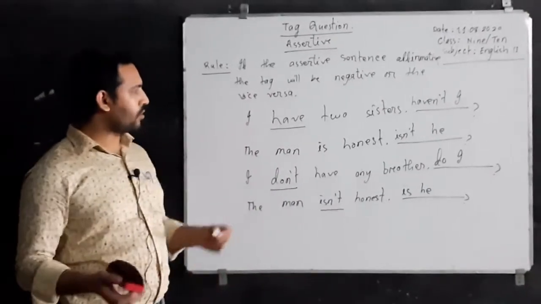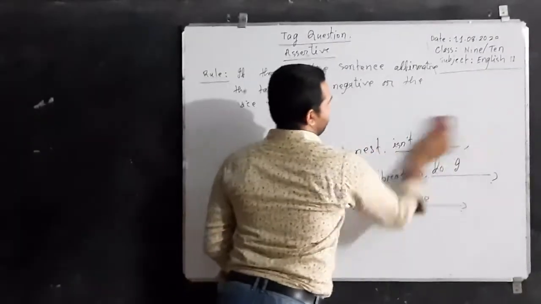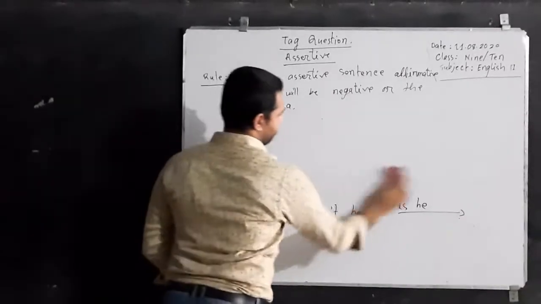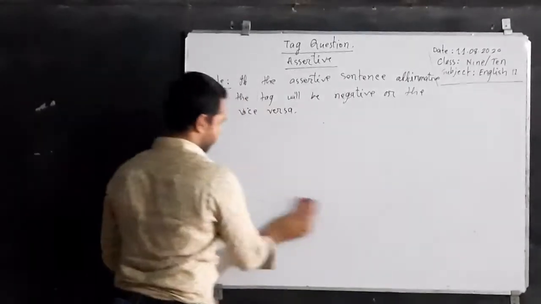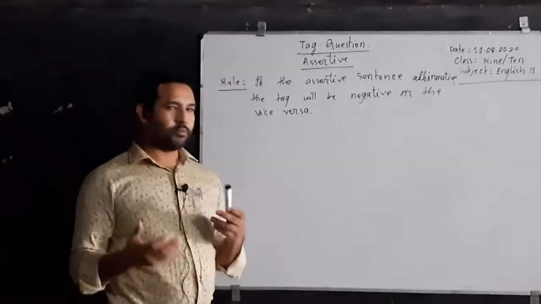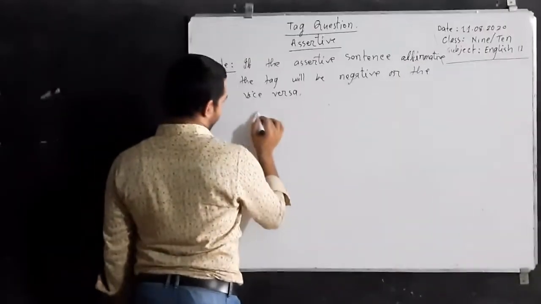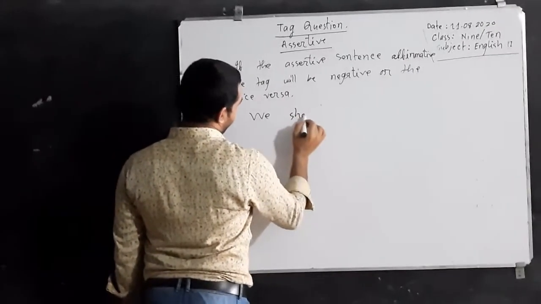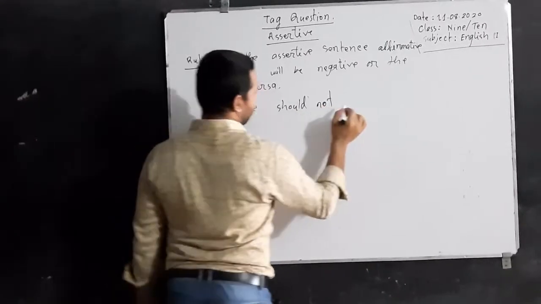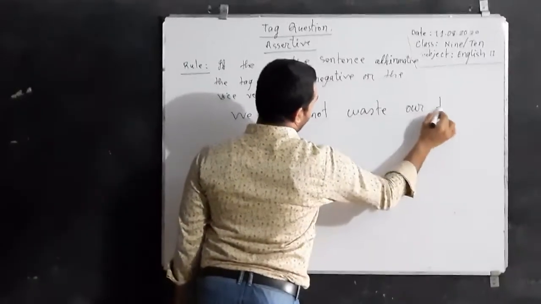If you understood, then I'm giving you an example. And you have to give your reply. You have to give your answer in the comment section. We should not waste our time.